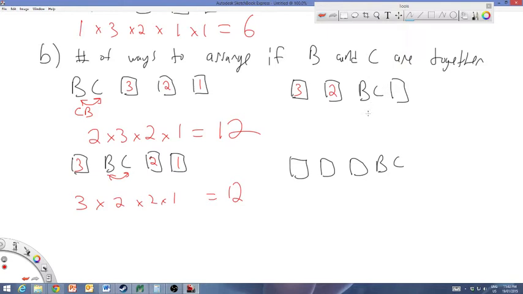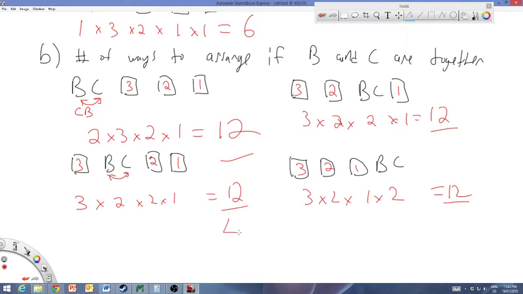This combination gets me 2 different types, and then 1 for the last one. This will be 3 times 2 times 2 times 1, or 12. Here this will be 3 times 2 times 1, and again there's 2 there. So 3 times 2 times 1, this will be 12. And altogether we just add those up. So we have 48 possibilities.